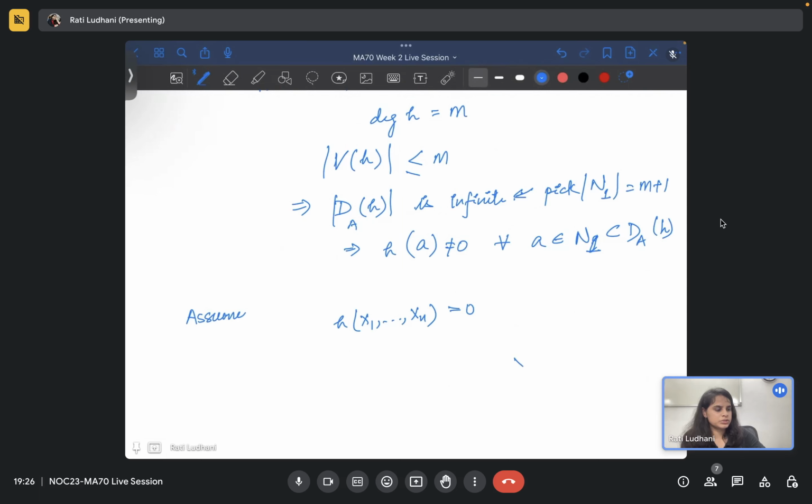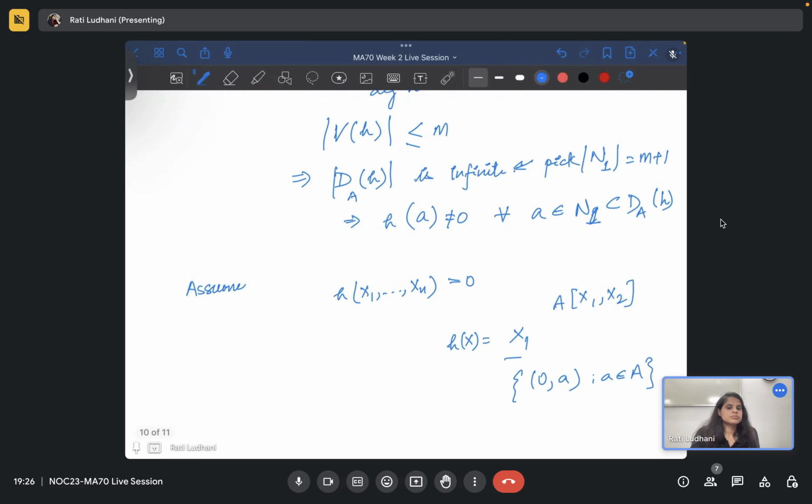You just take x1 times x2, then it is 0 at all the points of this kind. So you take h(x) to be this, and you just need to fix x1 to be 0. So the zero set could be big, could be infinite for multivariable polynomials. So we cannot directly use that.